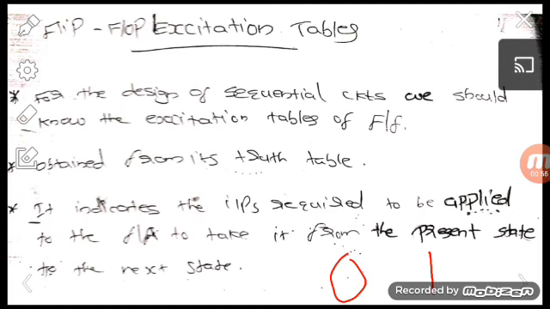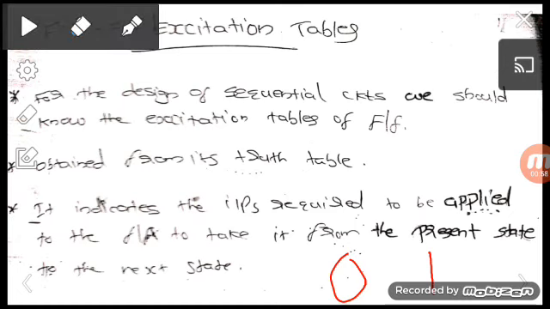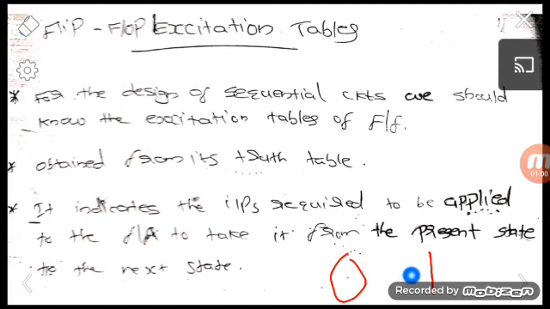We want to change the output of the flip-flop from 0 to 1. For that condition, what are the possible inputs we need to give at the input terminals of a flip-flop? That can be obtained from the excitation tables.